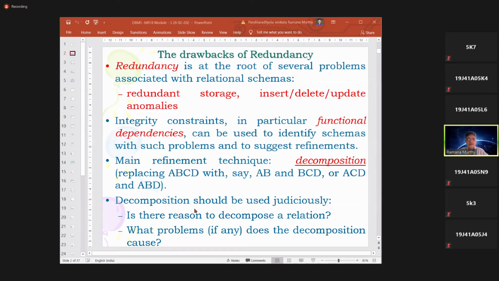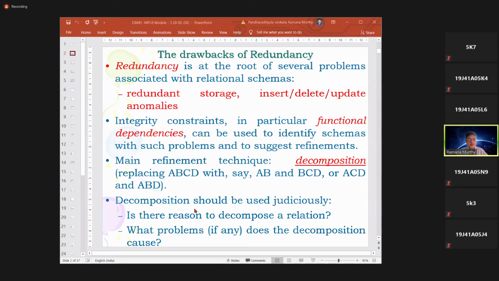Redundancy is the root of the problem in the relational schema. The main problem with redundancy is redundant storage, but generally it also involves insert, delete, and update anomalies. That we want to cover in today's class.